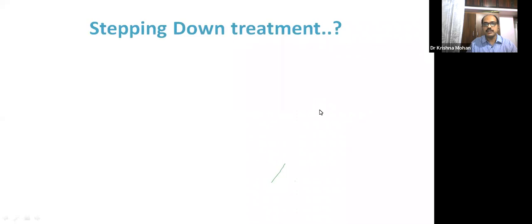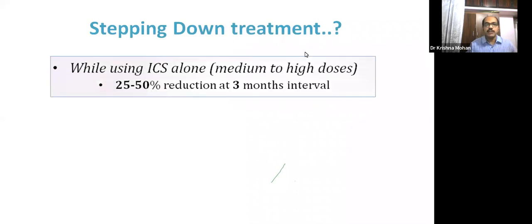Another important question, this is a point which all patients will usually be asking you: how to stop, how to cut down the dose of this. So when the patient is on ICS alone, that means the patient is taking only inhaled corticosteroid. Consider an example. The patient is on 400 micrograms of budesonide, BD.